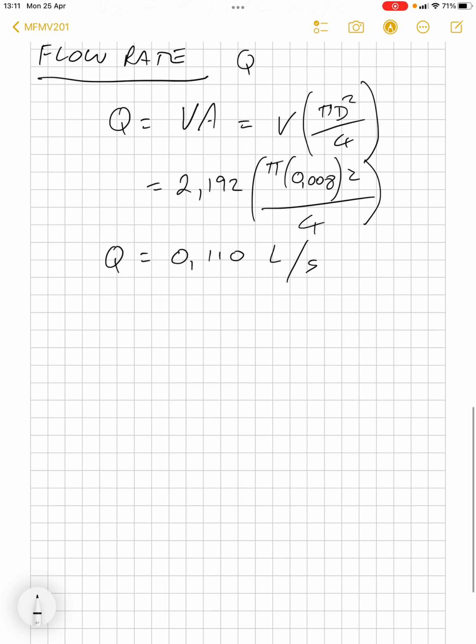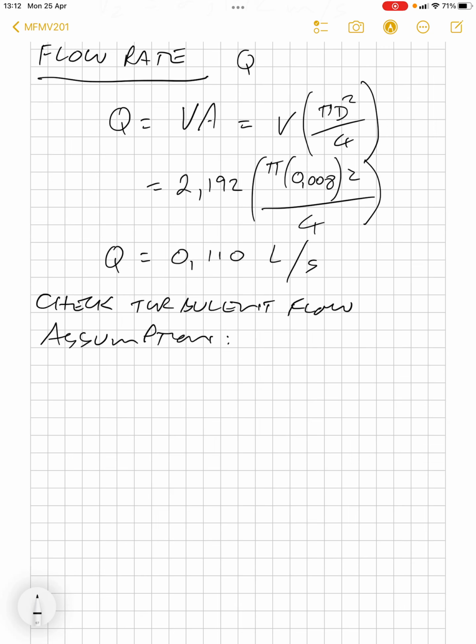In this problem, we also went along just to check for turbulent flow. So this was all based on the fact that we assumed turbulent flow in the pipeline.